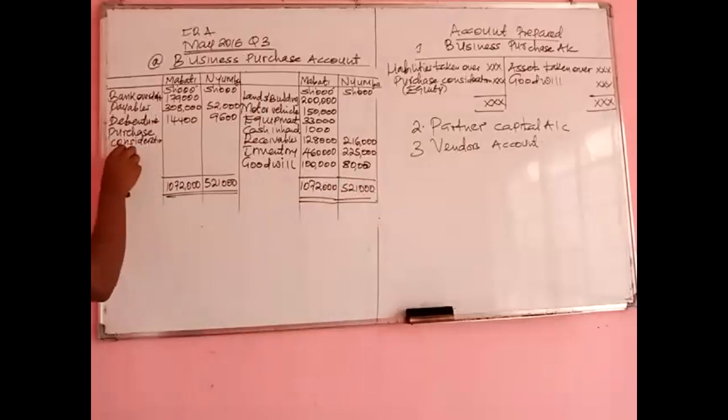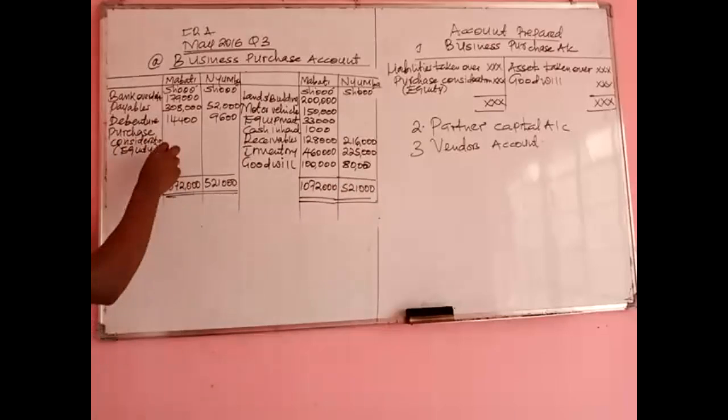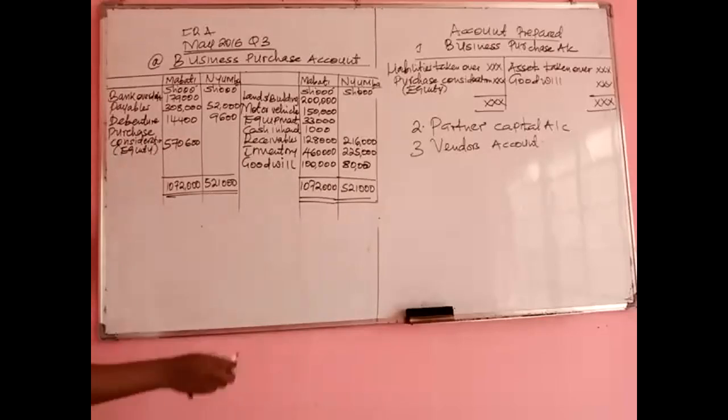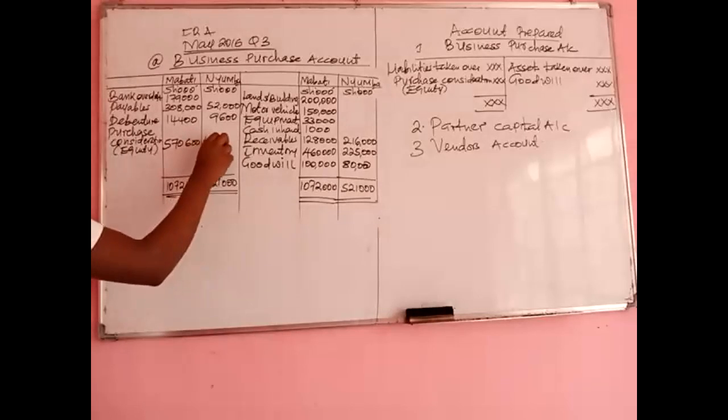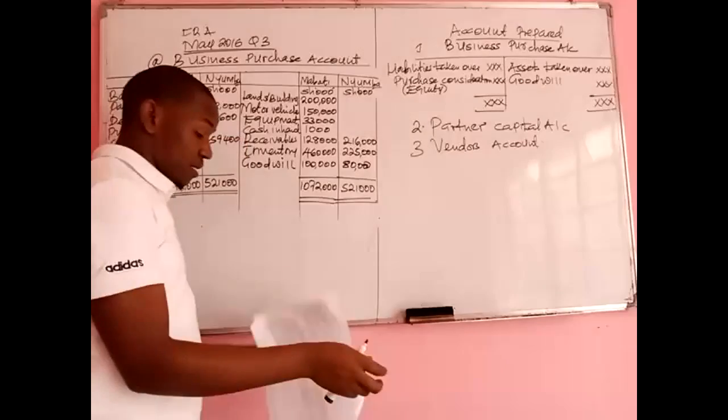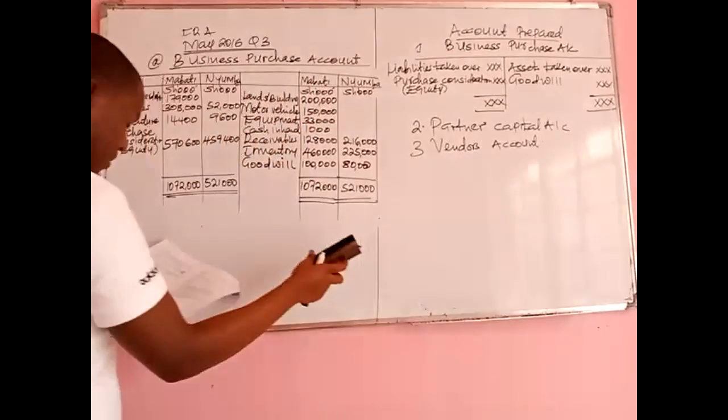So what is our purchase consideration, the balancing figure you are getting now? 570. Alright, so that is the business purchase account.